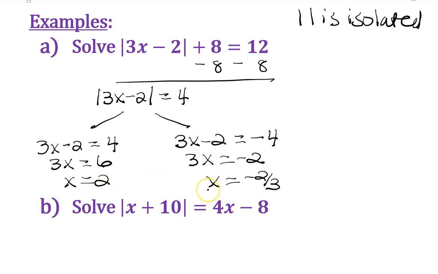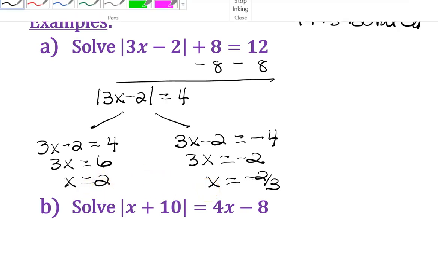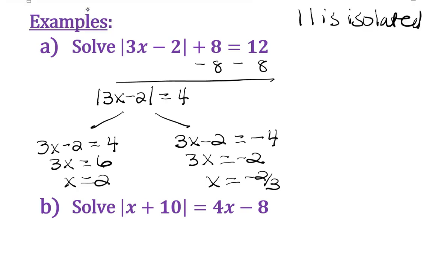We're going to take each of those solutions, and this is the crucial part. You have to go through and check your answers, because there is a possibility that one or both of them will not work. So we're going to take that value of 2 that we got initially, and we're going to sub it into the original. The absolute value of 3 times 2 minus 2, plus 8, is supposed to give us 12.